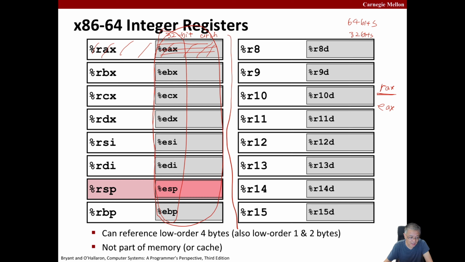So when they extended the architecture to 64 bits, first they extended the register to 64 bits, right? But they also add additional 8 registers. And for 64-bit architecture, you have 16 registers. When we compare this to RISC computers, it's still a small number, right? So for the RISC computers, you often have 32 registers or even more, okay?